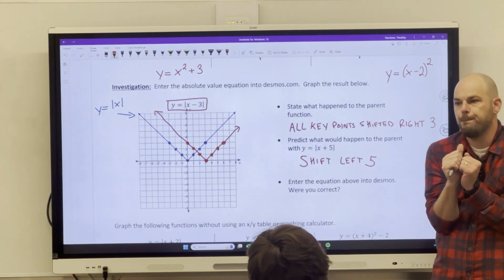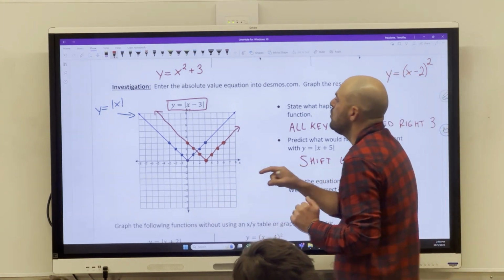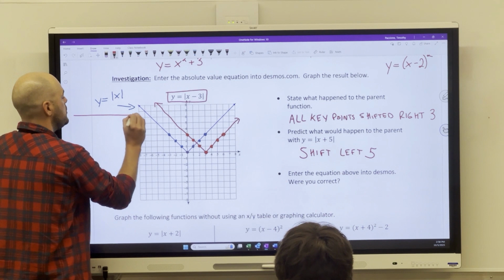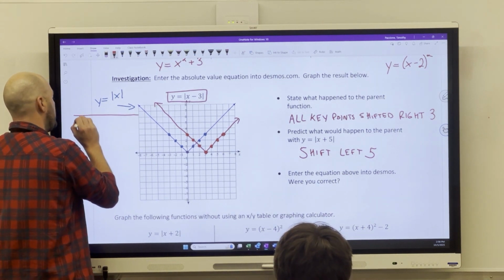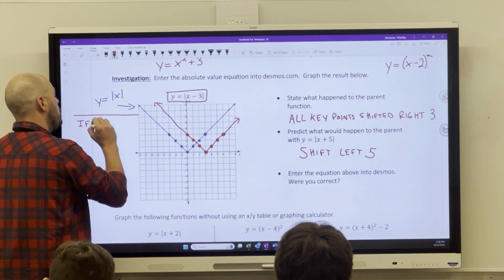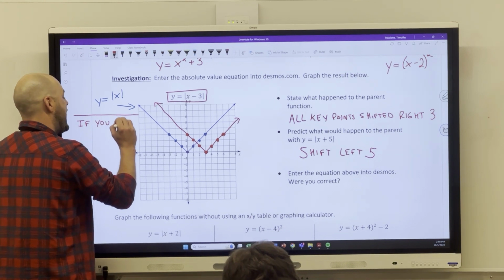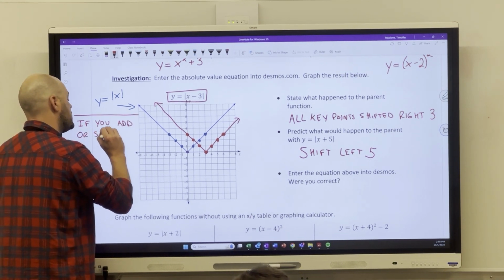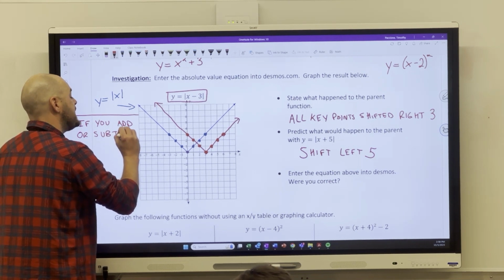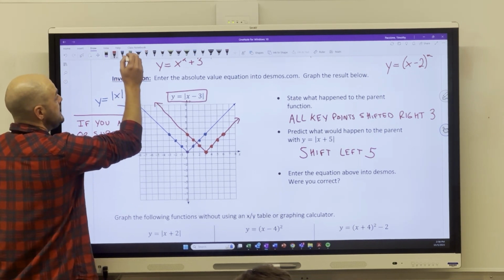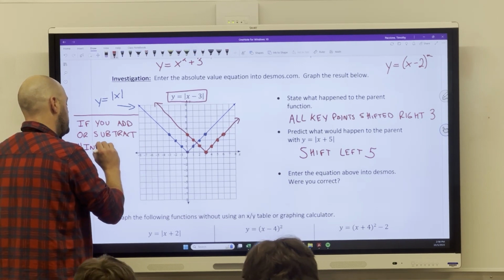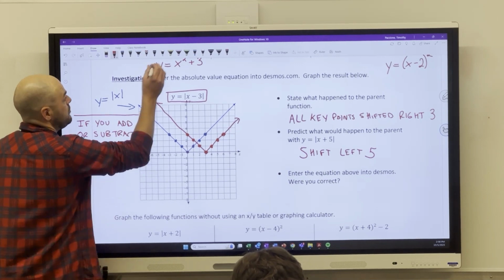Exactly. Right? So let's write down a rule here, okay? So here's our rule. If you add or subtract, and this is why I said outside before, because now we're inside the function and something different happens, right?